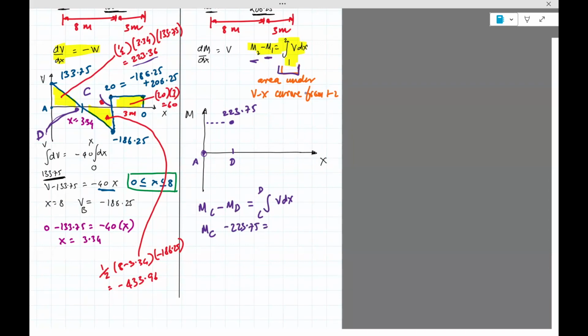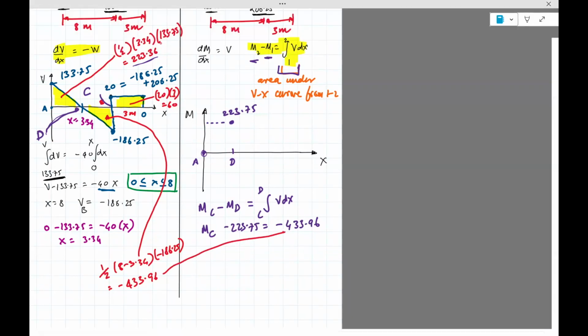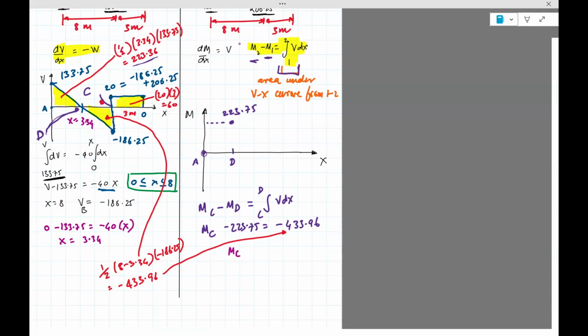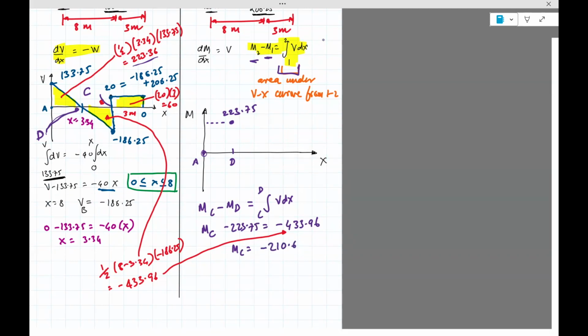The area under the curve is negative 433.96. So this goes here. Okay, we see that we can solve for MC here. MC is 210.6.